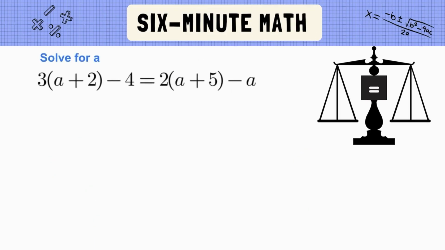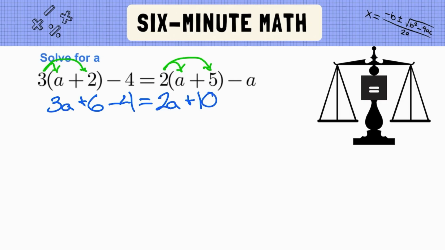Let's solve for a. Again, I see some brackets, so I'm going to use the distributive property. 3 times a is 3a, and 3 times positive 2 is positive 6, and then there's still a minus 4, equals 2 times a is 2a, 2 times 5 is 10, and then we have minus an a.